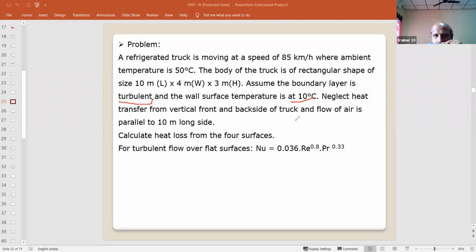So here, if you consider the truck that is given in the rectangular shape, let us say this is the rectangular shape. Then he told that neglect heat transfer from vertical front and back sides.